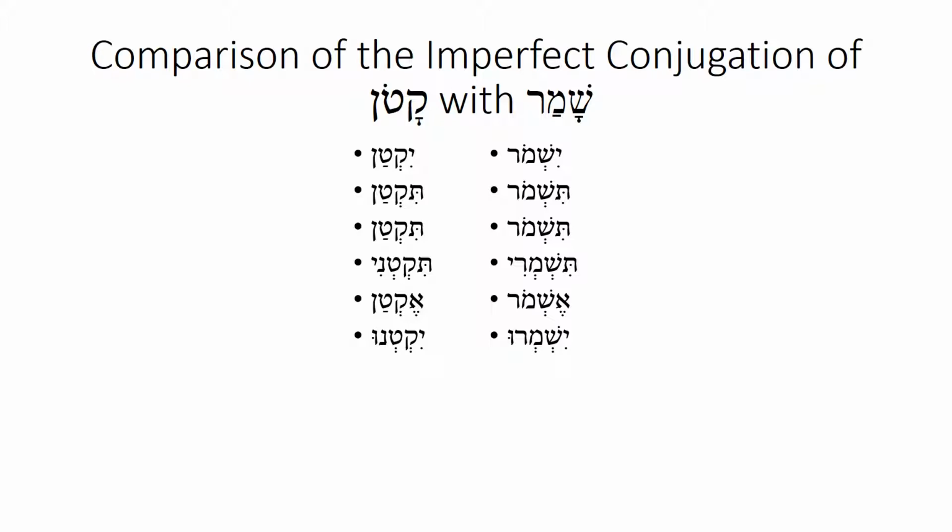Yishmaru, we don't see it happening in this form, yiktanu, but we do see it in the third person feminine plural, tishmorna. When we look at it in katon, it goes to tiktanna. And so again, we have the patha as the second root vowel.